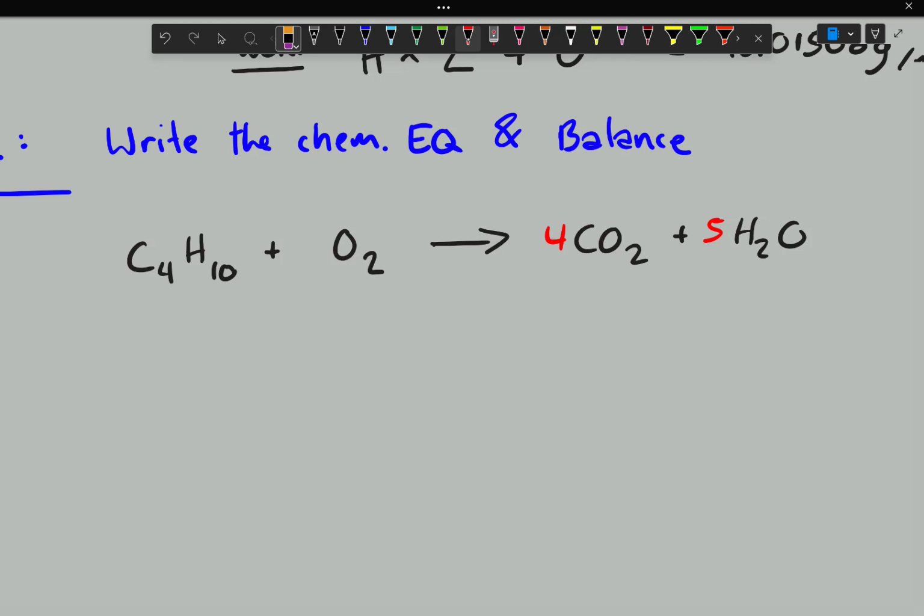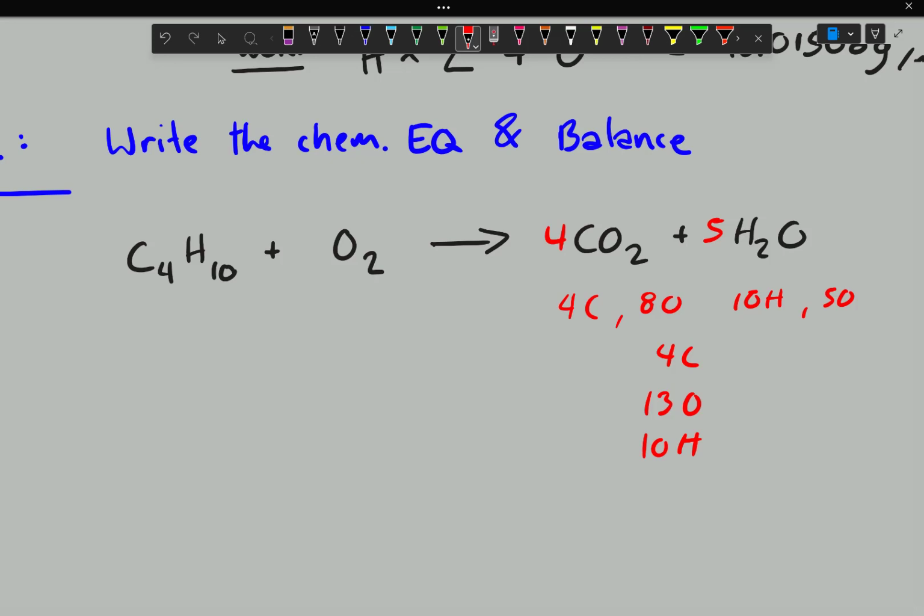So that gives us that we have 4 carbon and 8 oxygen, and we have 10 hydrogen and 5 oxygen. So that gives us 4 carbon, 13 oxygen, and 10 hydrogen.